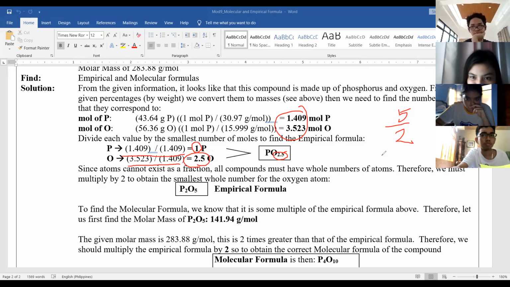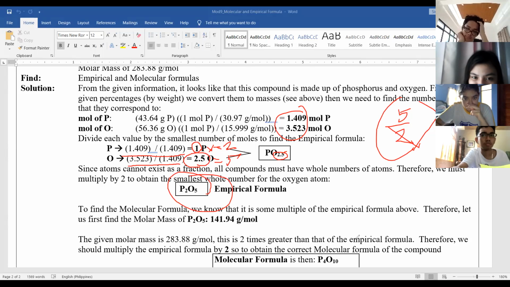So we multiply every value by 2 to eliminate the denominator, which is 2. So 1 times 2 is 2, and 2.5 times 2 is 5. So the final subscripts are 2 and 5 for phosphorus and oxygen respectively.